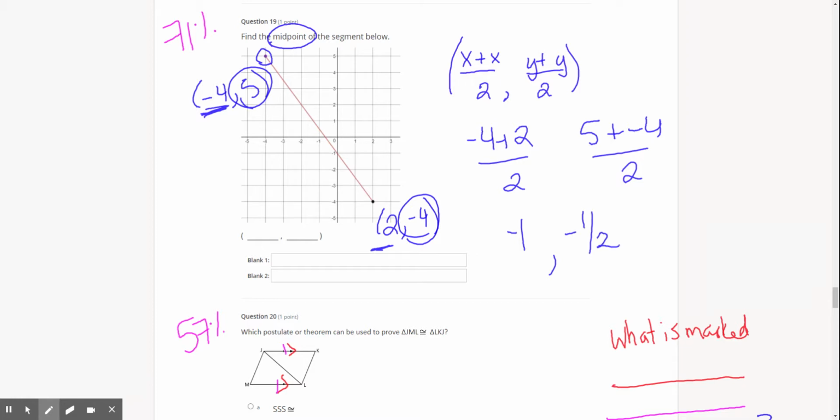So I'm going to plot that. Negative 1, negative 1/2. Oh, is that a positive 1/2? That's a positive 1/2. Negative 1, positive 1/2. So that's where I catch all my little integer errors, by double checking that. Okay.